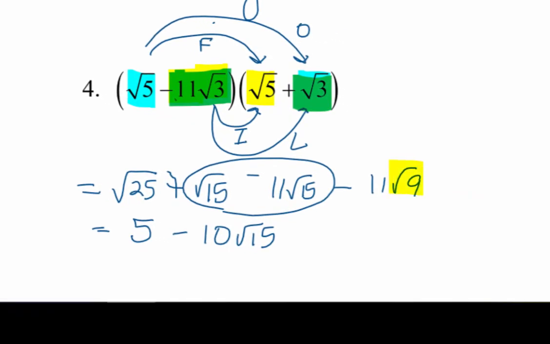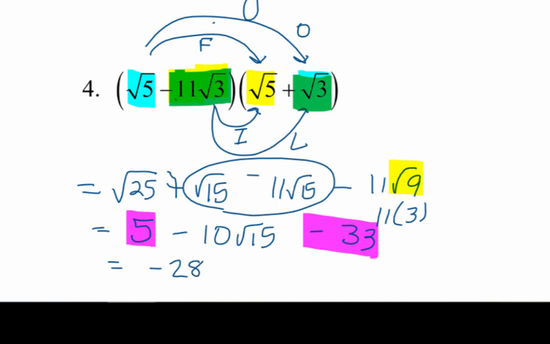So you're going to multiply together the 11 times 3, right? Because that's the square root of 9, so that's a negative 33. And now you have some new like terms. You've got the 5 and the negative 33. The negative 28 minus, and then the 10 square root of 15.